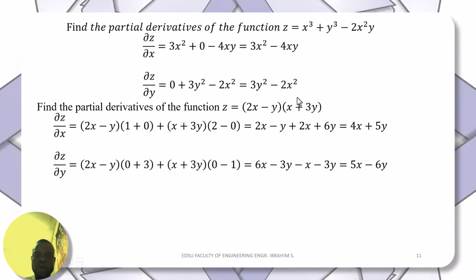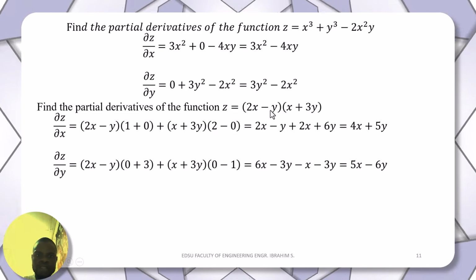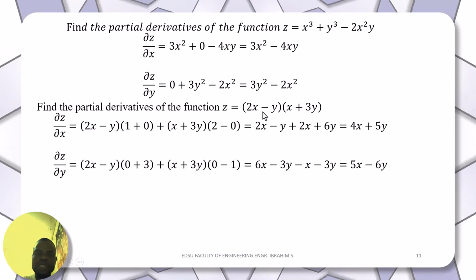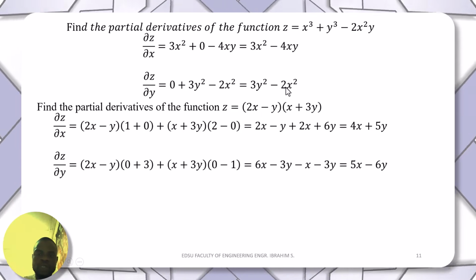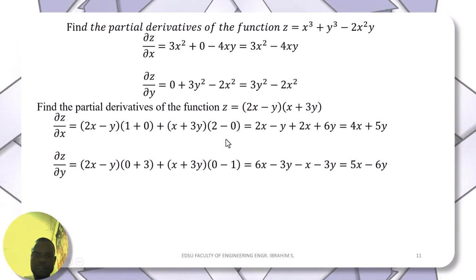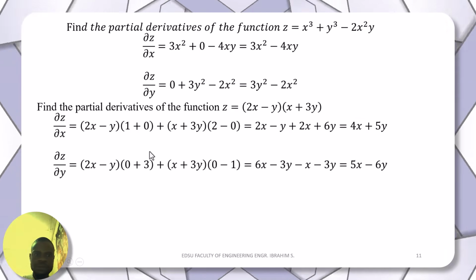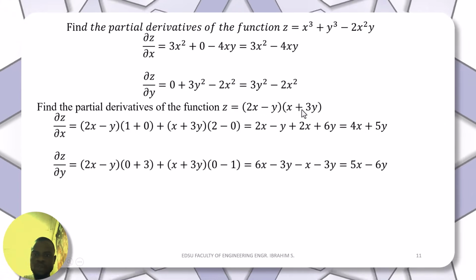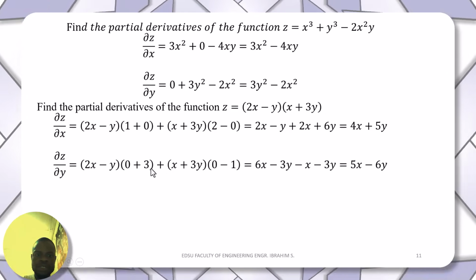Then differentiating with respect to y now, for the partial derivative with respect to y, it's the same thing, just like the way I differentiated it with respect to x, but now I will keep x constant. It's only with respect to y. So I keep this constant, differentiate this with respect to y. This will give me 0, this one will give me 3, right?